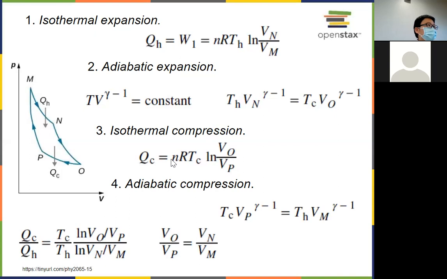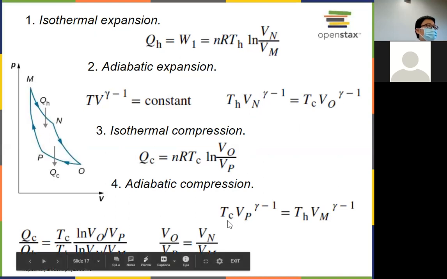But we are going to look at the absolute values here. When you take the absolute value, you can do V initial minus V final, because then this will give you a positive number. VO is greater than VP. For adiabatic compression, you can write a similar term: T initial V initial to the gamma minus 1 equals T final V final to the gamma minus 1.